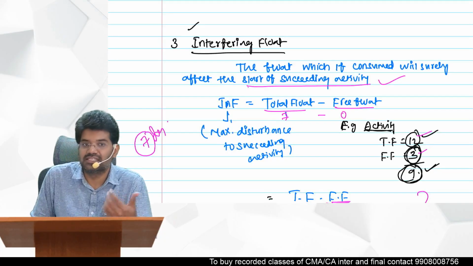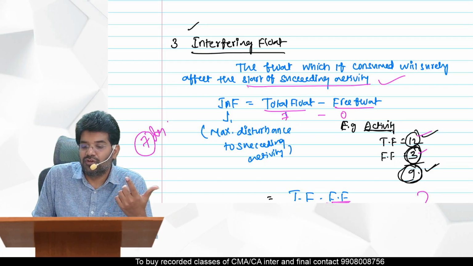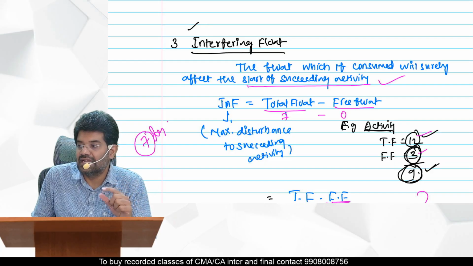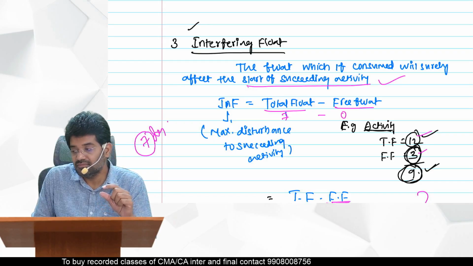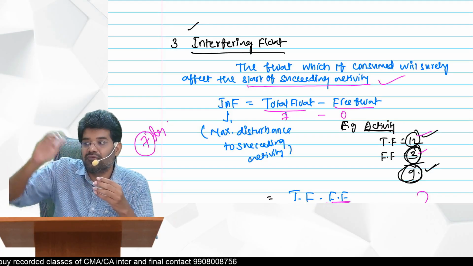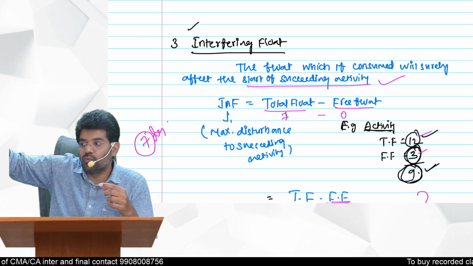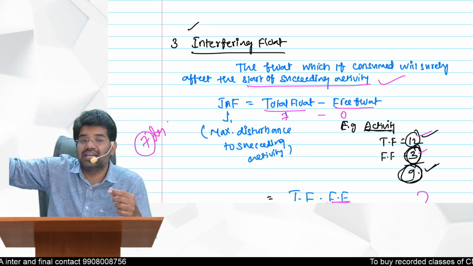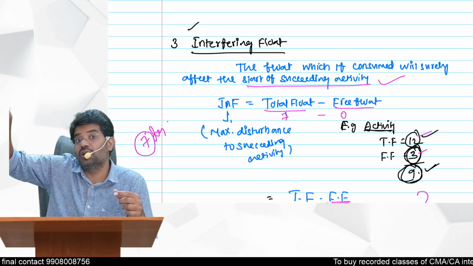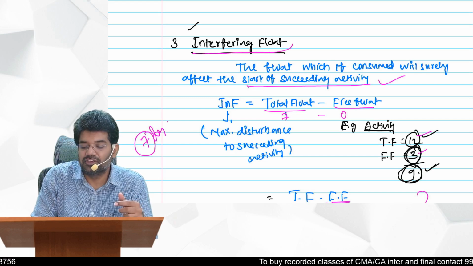What is the difference between free float and interfering float? The float which will not affect the start, that only we consider as free float. What will affect, we take as interfering float.